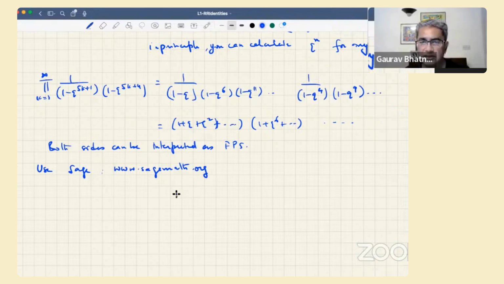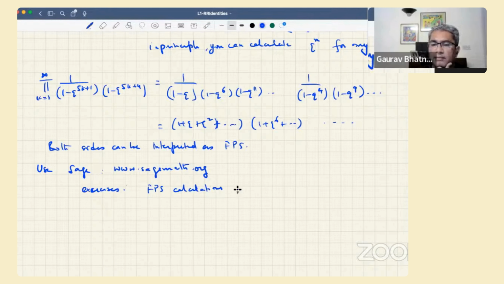If you have a Windows machine, it's a little bit cumbersome to install it, but you can use it online. And what I'll do is I will give some exercises to get started in Sage, and a lot of formal power series calculations. So we can do some of them by hand, but formal power series calculations can be done on Sage, so we can compare the power series using Sage, so that we get a sense of what these identities are doing.